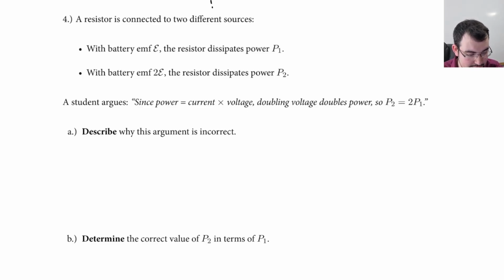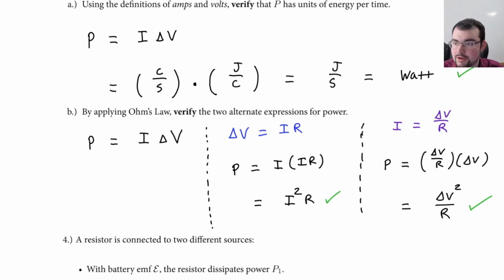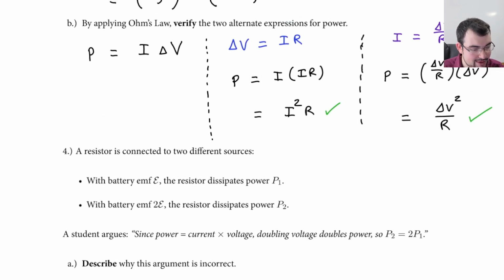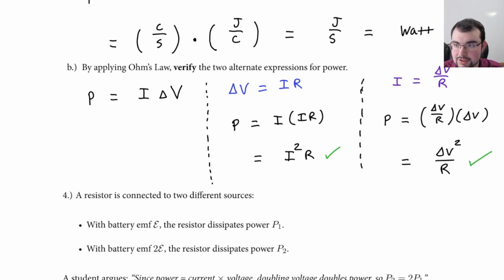Yes, it is true that power is current times voltage. But what the student forgot is that current depends on voltage, so these are actually linked. You can't double one of these without doubling the other.